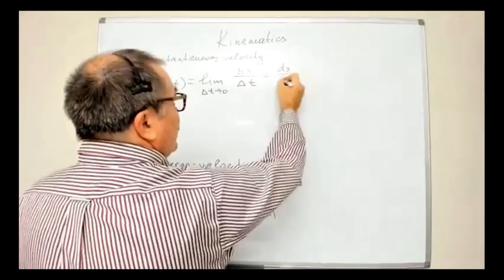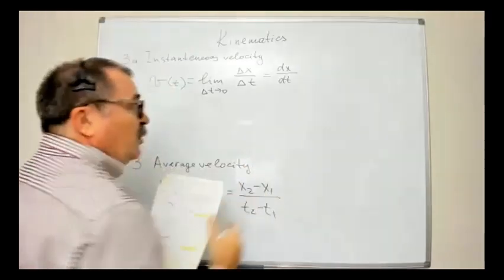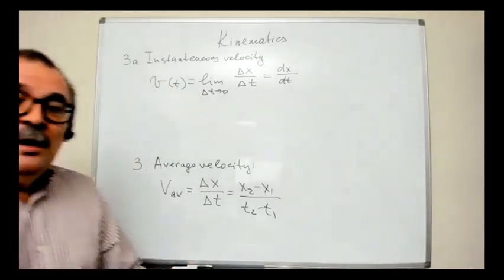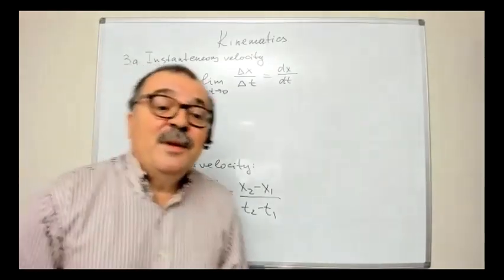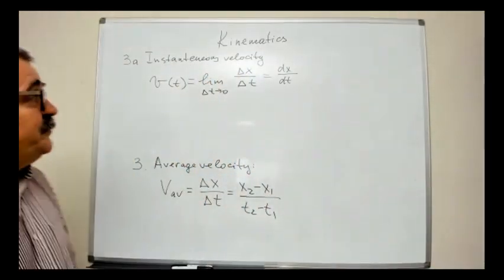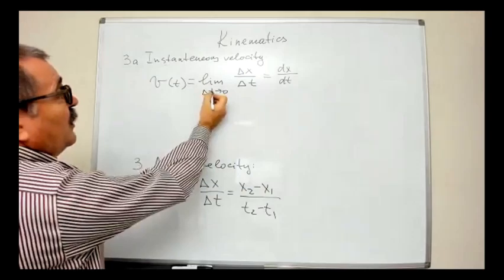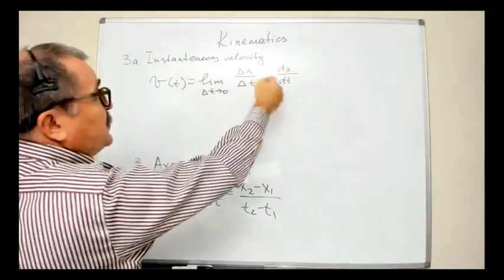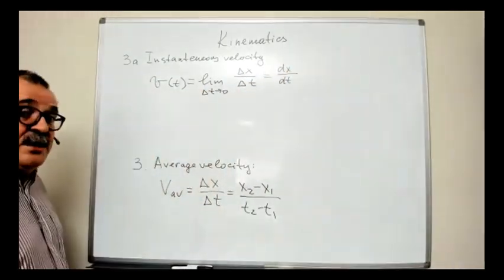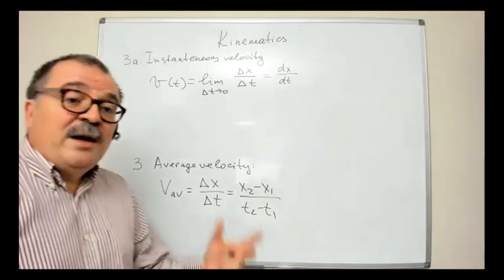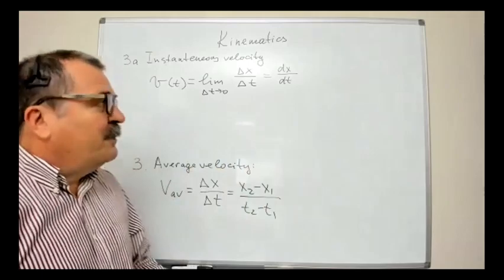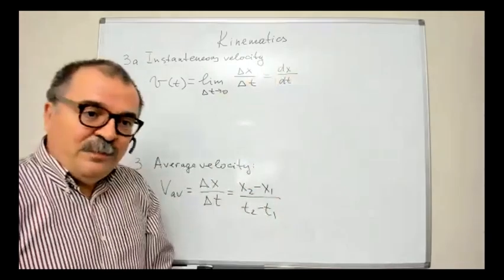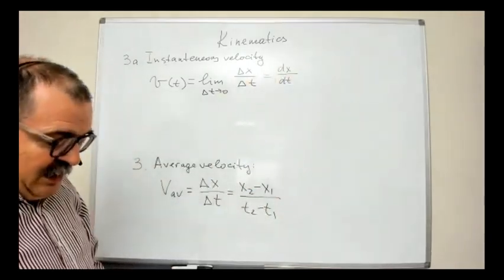In calculus, you learn different functions, and those functions have different derivatives. So what we know is that the velocity of a macroscopic object is indeed the first derivative of the position x.